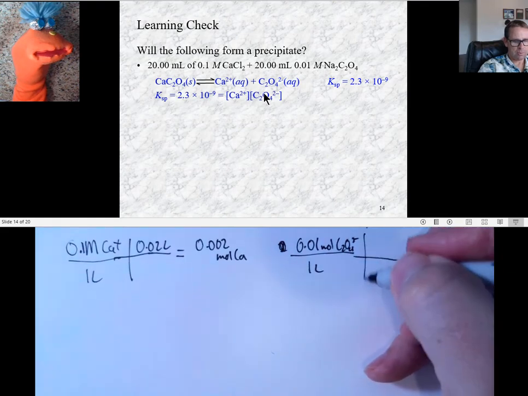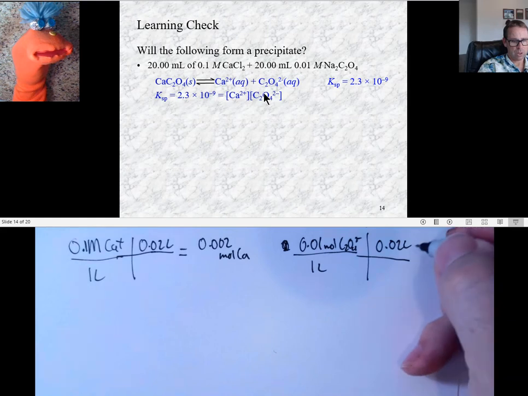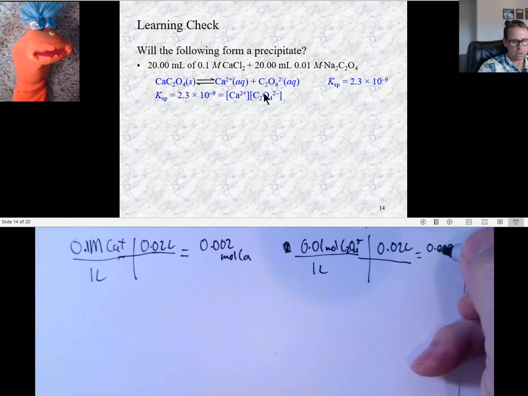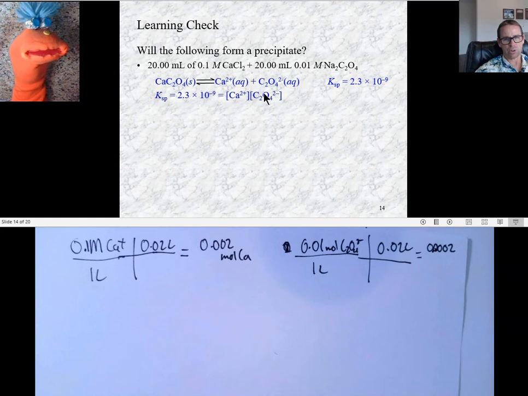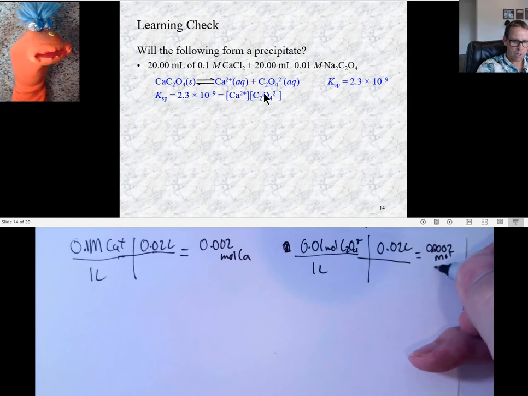And I have 0.02 liters of that as well. So that is 0.002, no, 0.0002, 2 times 10 to the minus 4 moles of oxalate, C2O4 2-.